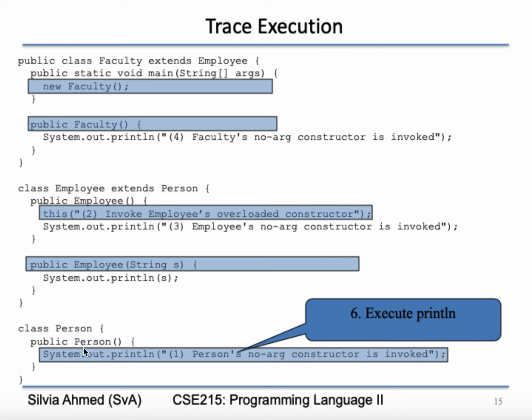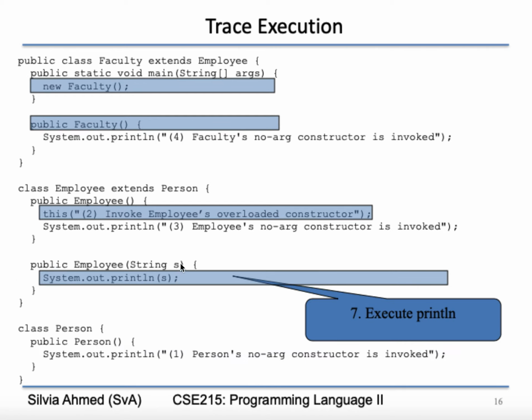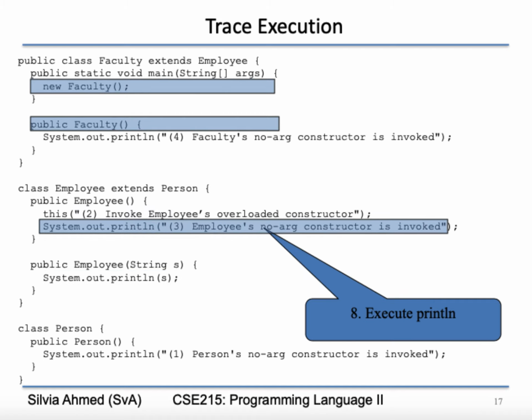This Person no-argument constructor was called from the Employee constructor here. So this is done. Then it will print this statement, 2, which was this line, invoke Employee's overloaded constructor. After this line, it will come back here from where it was invoked.